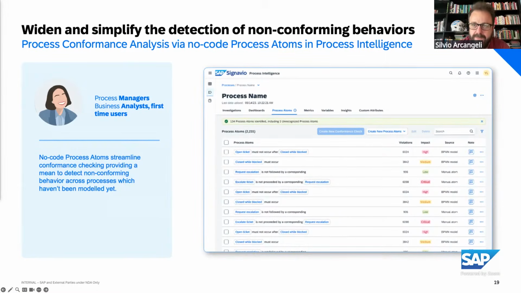gather process atoms, build one coherent library of knowledge, and use it for conformance, as in this feature, which would be one of the first highlights that we will release, or for other purposes like analysis, for example, so filtering, dimensional analysis, metrics, and so on, root cause analysis.